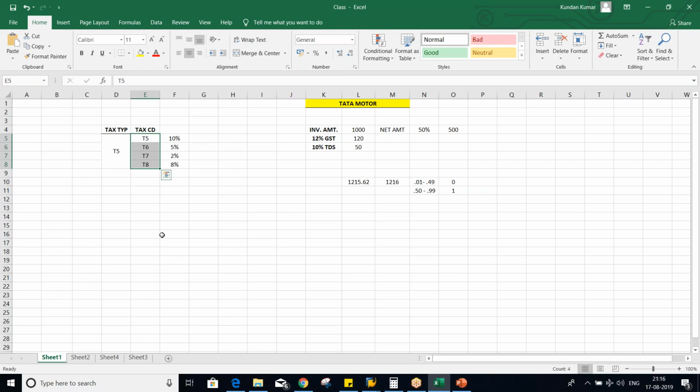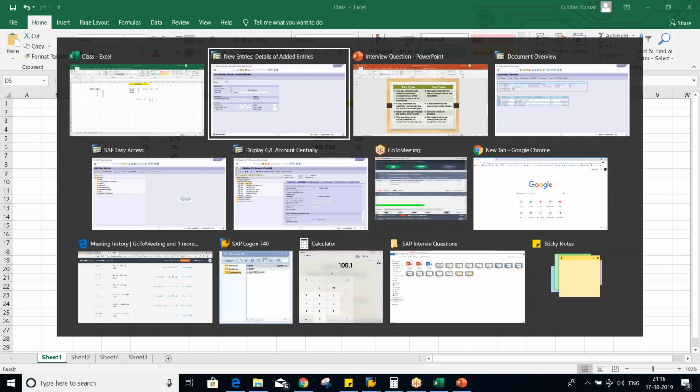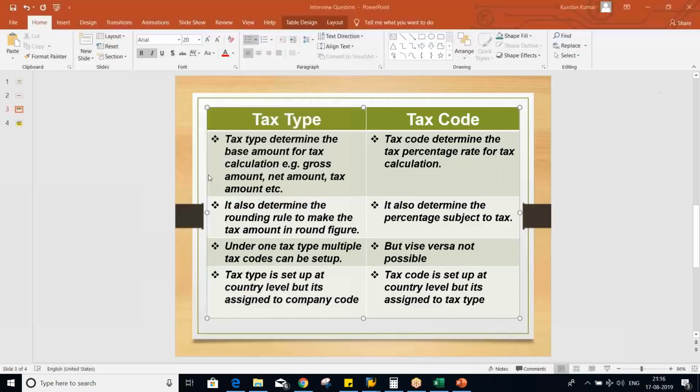If you talk about gross amount, then TDS is going to be calculated on the gross amount. It means that is applicable for all tax percentages, in the sense for all tax codes. So under one tax type we can set up multiple tax codes, right? But vice versa is not possible.